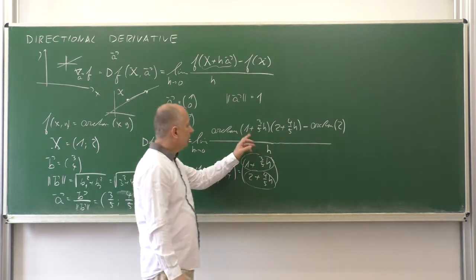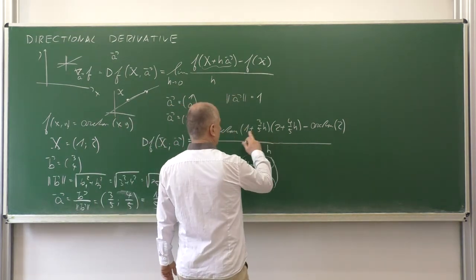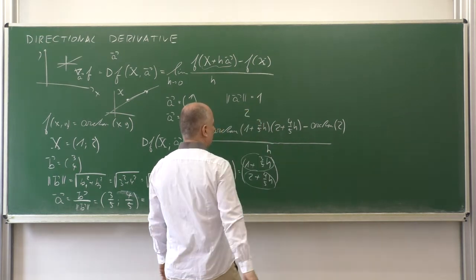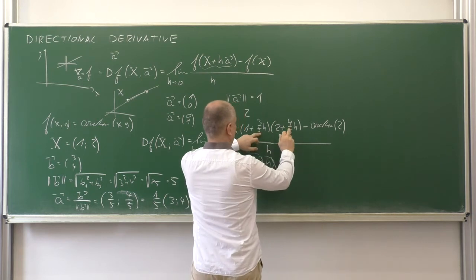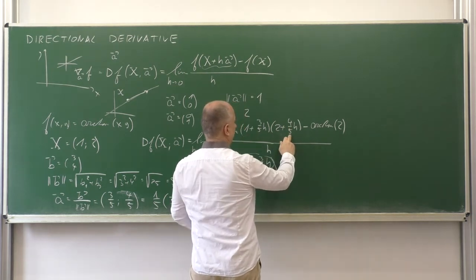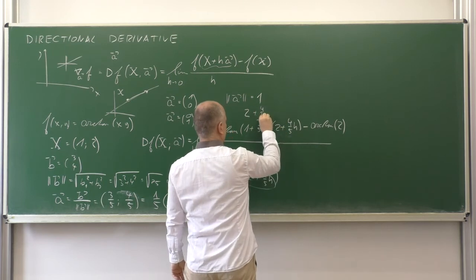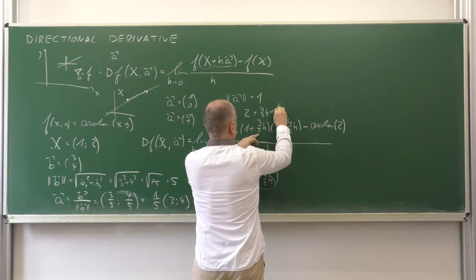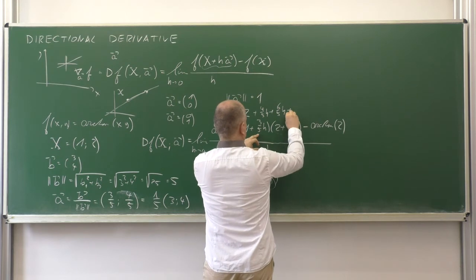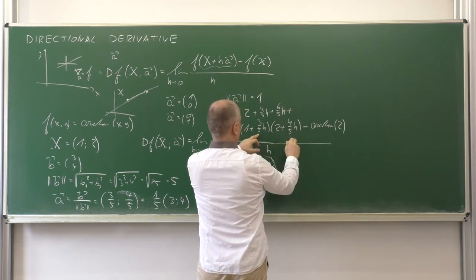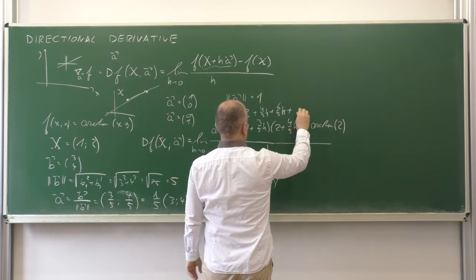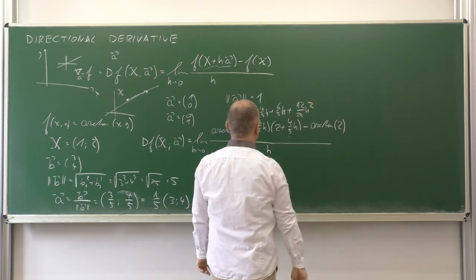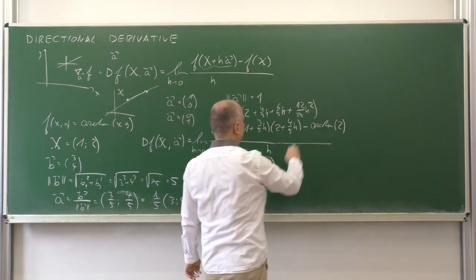Well, and now we want to evaluate this limit. Perhaps we can expand this multiplication. 1 times 2 is 2, and then we have plus 4/5 of h plus 6/5 of h plus 12/25 h squared, and arctangent of that.